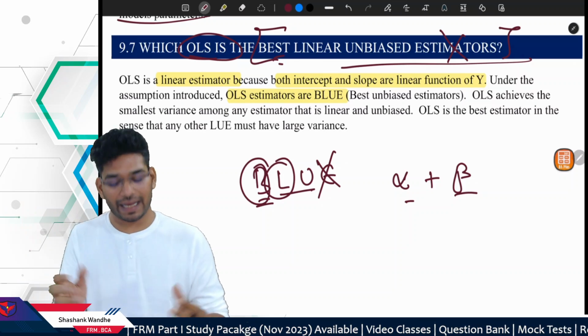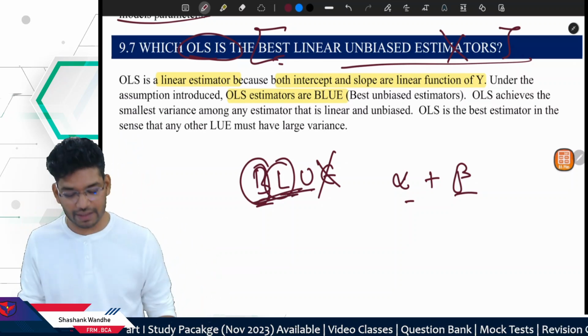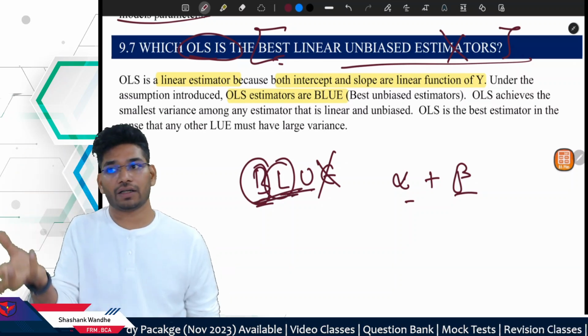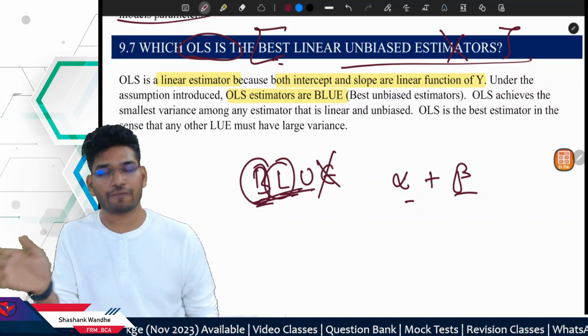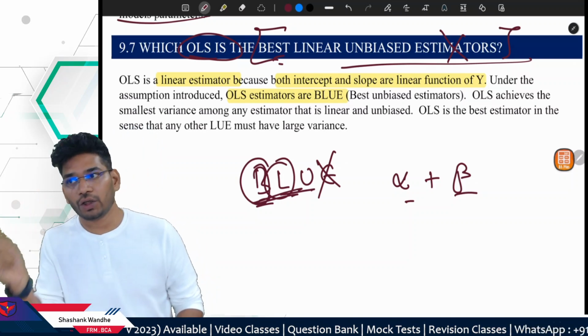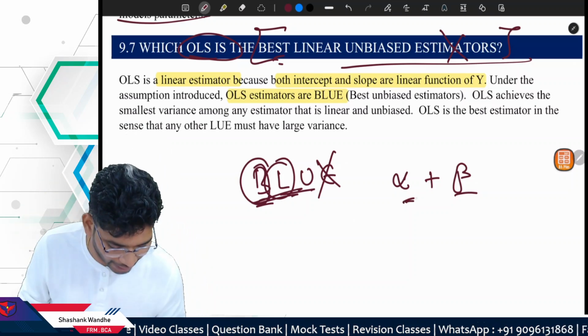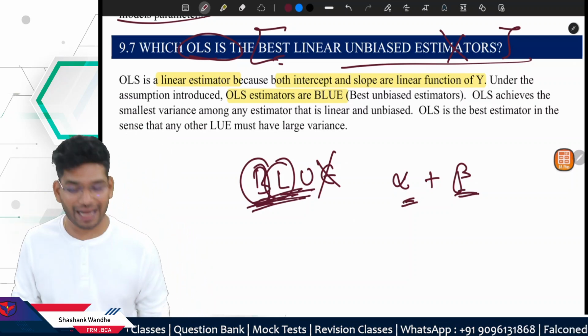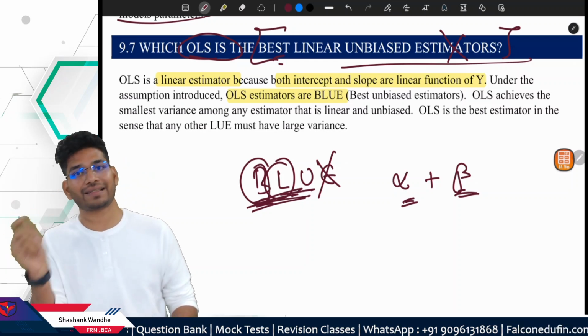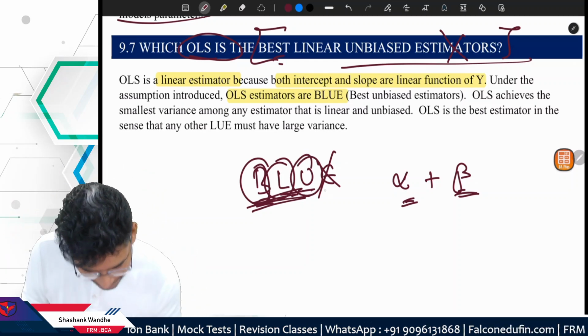This is unbiased. Best linear means that out of all the methods available to calculate alpha and beta, the OLS gives us the best alpha and beta in linear form. So best linear unbiased estimate.